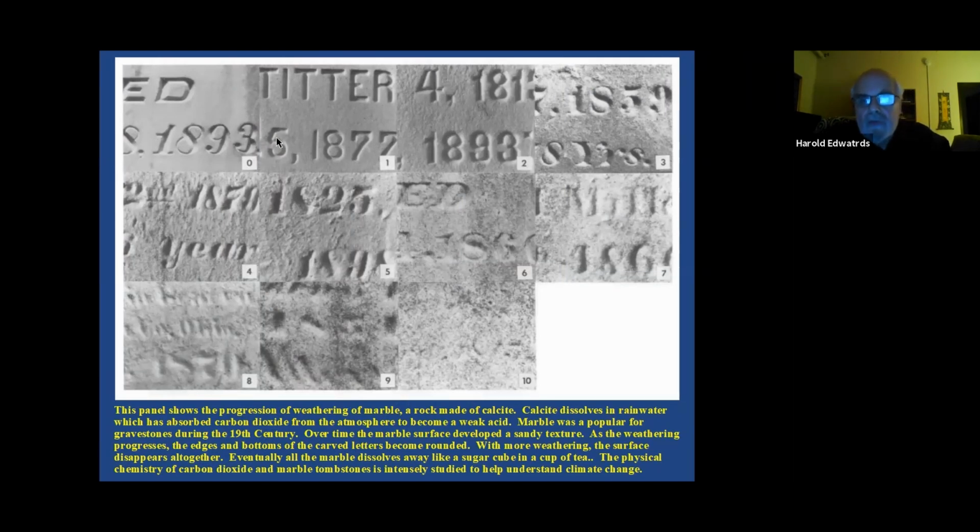As the marble weathers, it takes on a sandy appearance, and the letters begin to round, and eventually they disappear altogether like a sugar cube dissolving in a cup of tea. And what's doing that is rainwater, which forms a weak acid because it's absorbed carbon dioxide from the air. So over time, it's weathering away marble. Think of the stucco layer on the Kensington Stone as being a thin marble veneer.